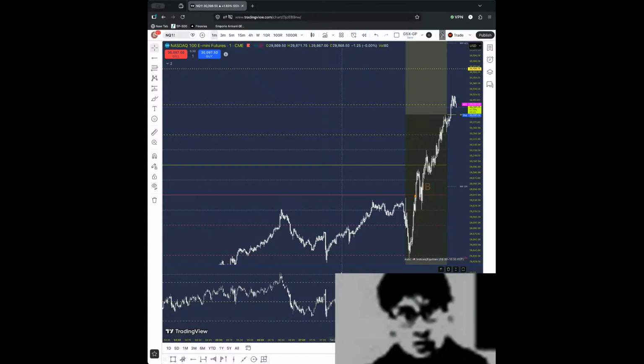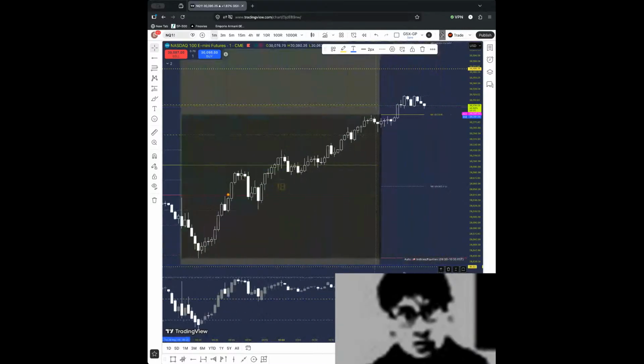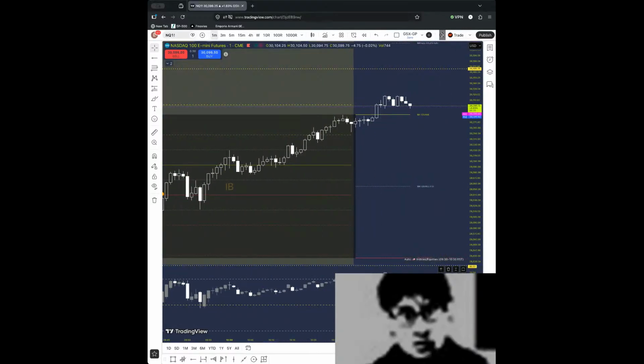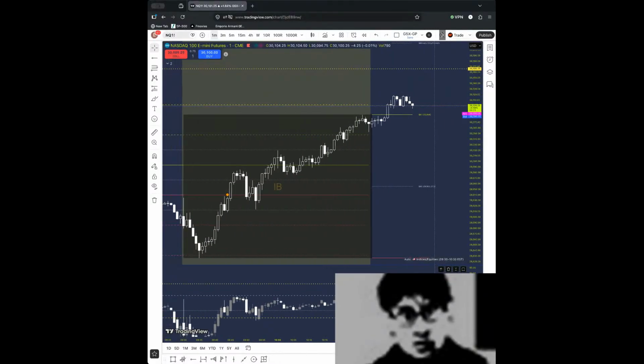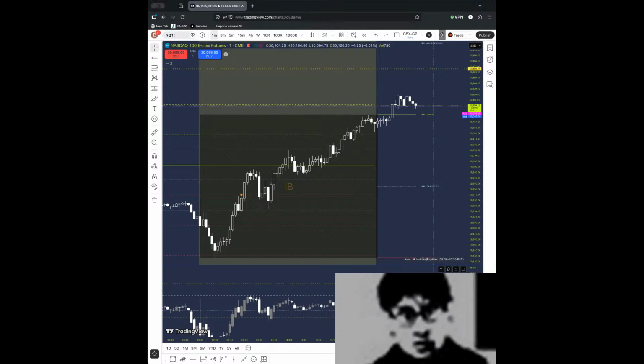Come on, do it fast. Can't even crack this small demand here. I don't even trust this red candle yet. Every time they pull back, it just gets slung back up.